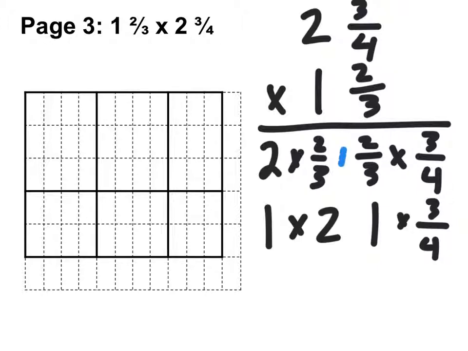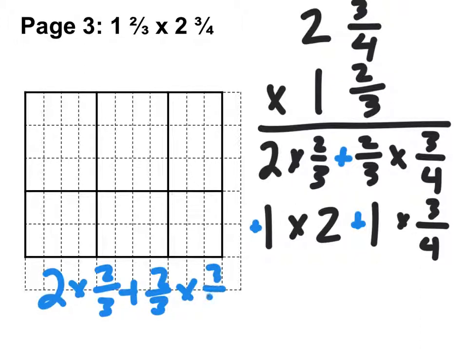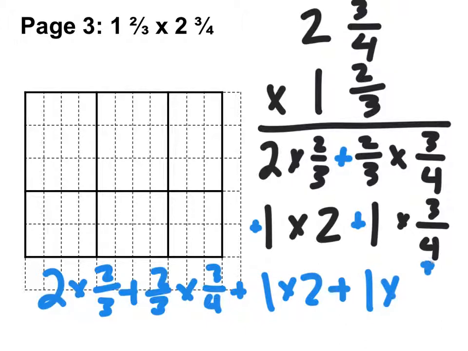What we're doing is we're not lining these up, we're actually just adding all of these together. So in some respects, it might make more sense to look at this as 2 times 2/3 plus 2/3 times 3/4 plus 1 times 2 plus 1 times 3/4. So the traditional algorithm might look funny in this particular case.